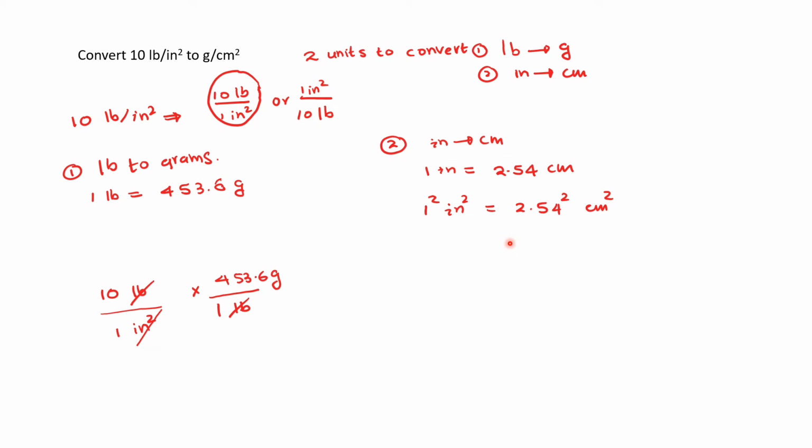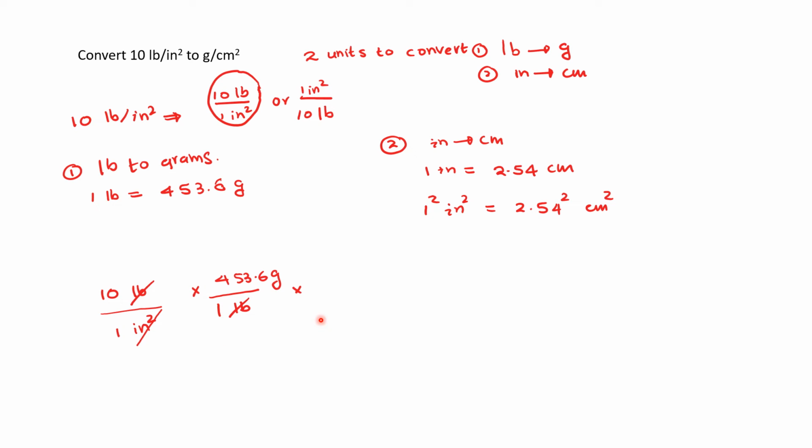Now let's start converting pounds to grams. We start with the relationship, and then we are going to write down the fraction. We have pounds in the denominator and the grams in numerator. You can see pounds and pounds cancel out.